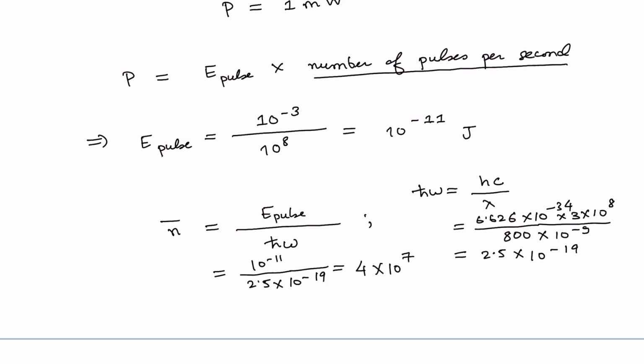And because the laser light is assumed to obey Poissonian statistics, the standard deviation delta n is simply equal to the square root of the mean number of photons, because the variance is equal to the mean number of photons. Therefore the standard deviation, if you put the number, the square root of 4 into 10 to the power 7, is going to give you around 6.3 into 10 to the power 3. So this is what you are going to get.